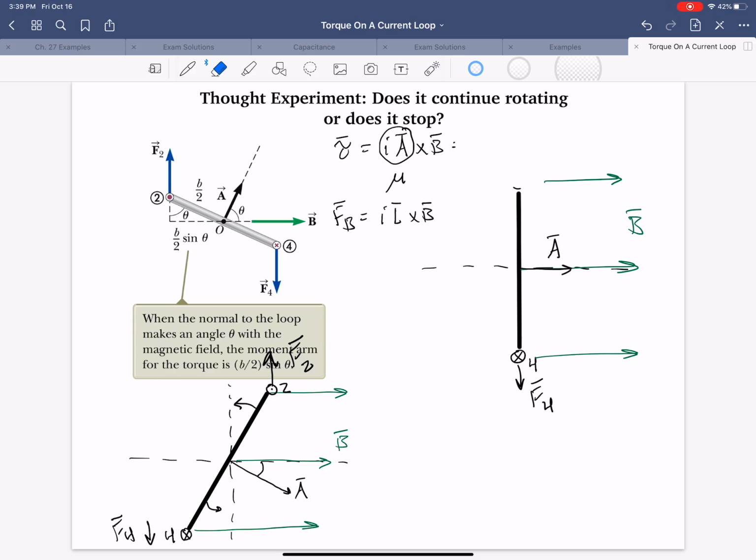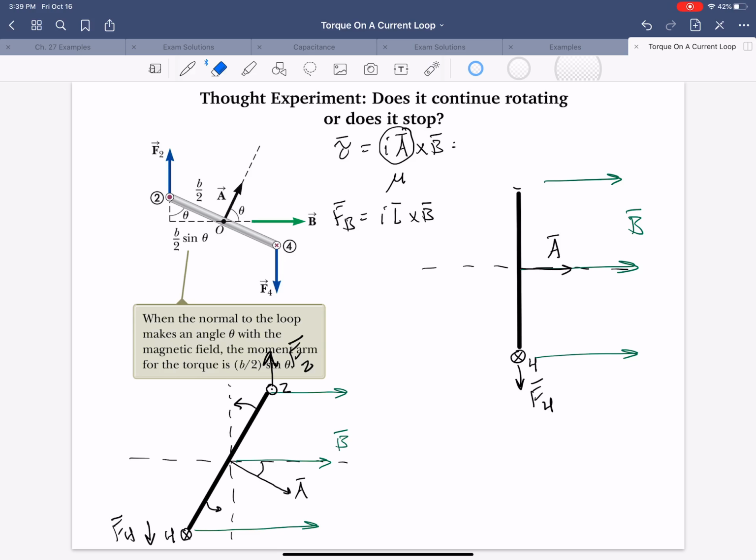And what does that mean? What happens to the rotation of the loop? Well, it continues to rotate. If the forces are on this segment 2, if they're down, and on segment 4 up, well, that's going to make this loop approach, quote unquote, horizontal, right?